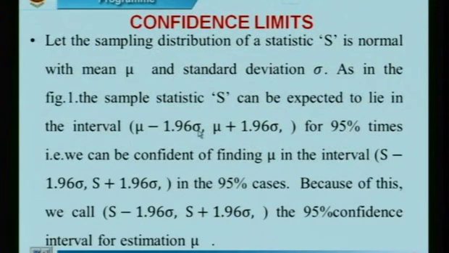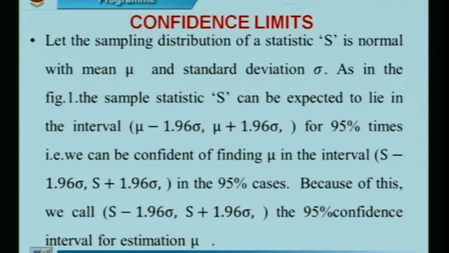Those confidence limits are, as I told you, mu, which is the population mean, minus 1.96 sigma, where sigma is the standard deviation, and mu plus 1.96 sigma towards the right side. Mu plus means, in general, the arithmetic mean plus 1.96 multiplied by the standard deviation, and that declares about 95% of the times the declaration of testing the hypothesis.